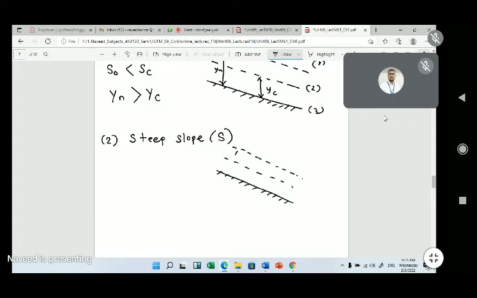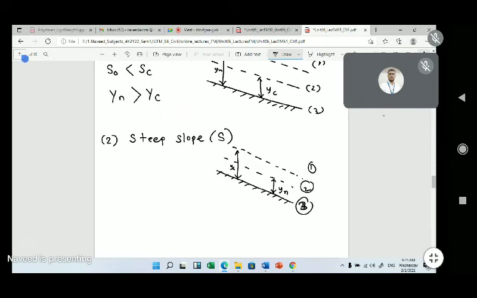So this is the critical depth Yc, and this is the Yn depth. Here I will mark the zones 1, 2, 3.